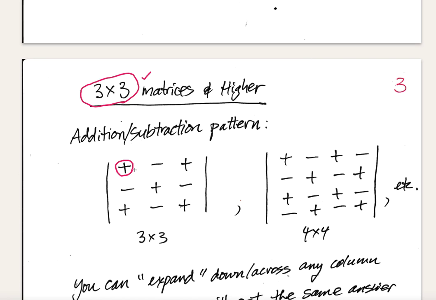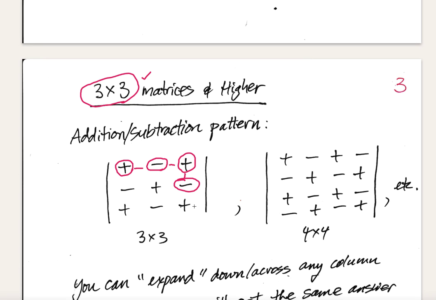Now, every time I move 1 unit, to the left or right or up or down, any direction except diagonally, I'm going to change my operation here. So this goes addition or plus, and then it's going to go what? Minus or subtraction, because I moved one place. I move another place and it's going to change again. It's going to go to what? Plus. Now when I come down here to this next entry, I would have what? A minus. And then what? Moving over, plus, minus, plus, minus, plus.